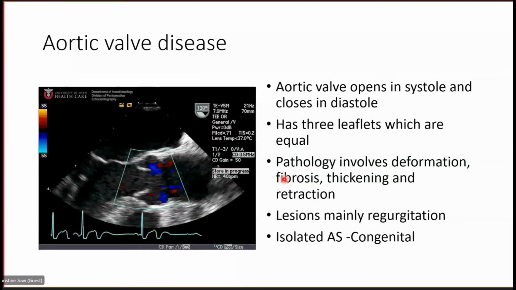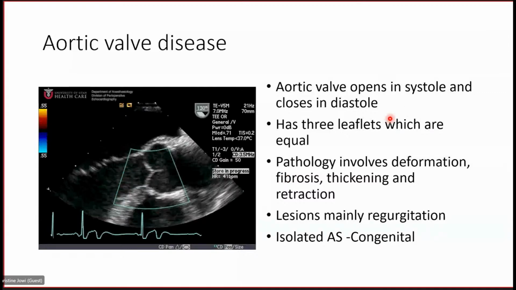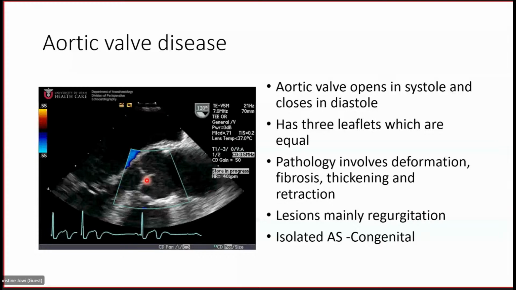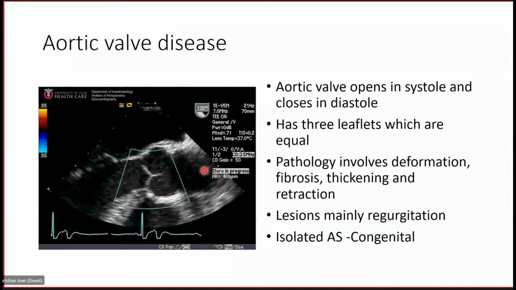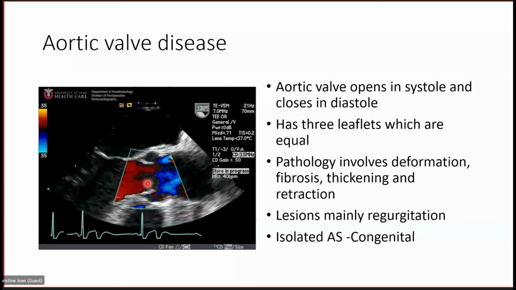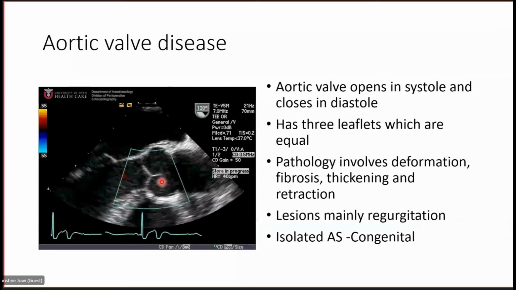The aortic valve is that valve which opens to allow blood to leave the heart and go to the rest of the body. The aortic valve opens in systole and closes in diastole, opposite to what the mitral valve did.